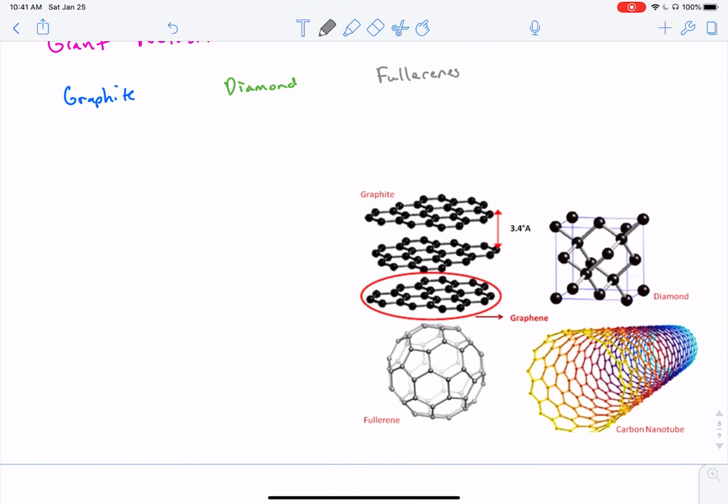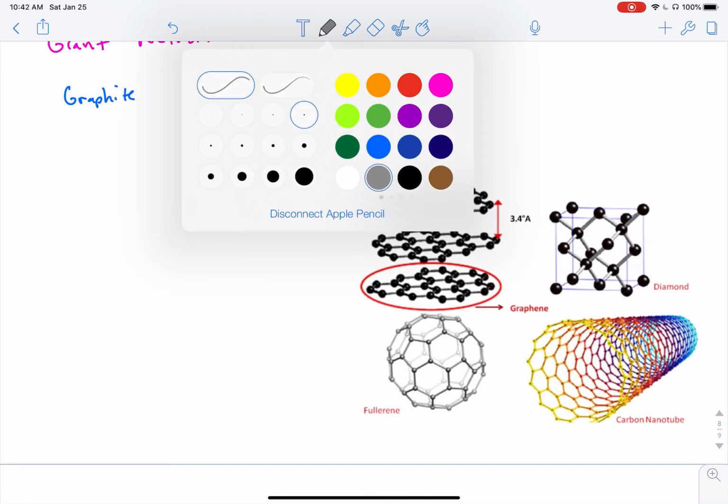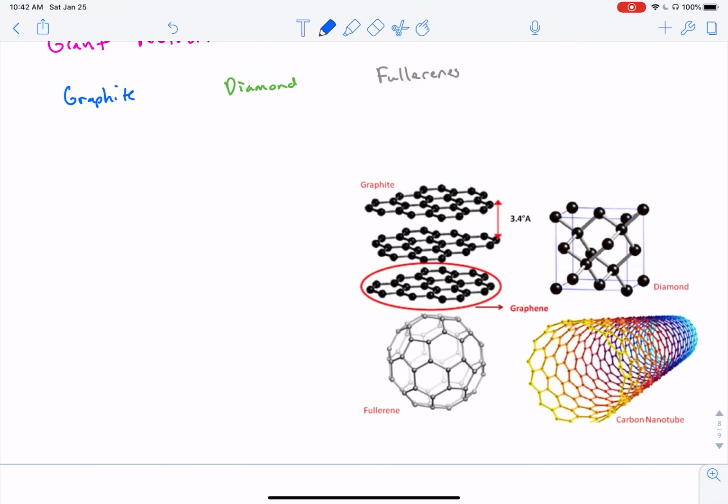So the idea is this here. Okay. I'll leave the structure in the notes, but the things you really want to focus on here are the types of bonding, the structural shape, and some of the physical properties of this. And so graphite is carbon to three other carbons.